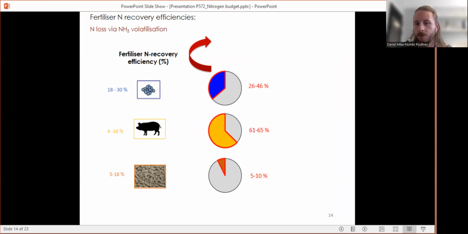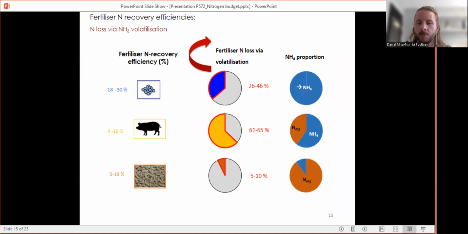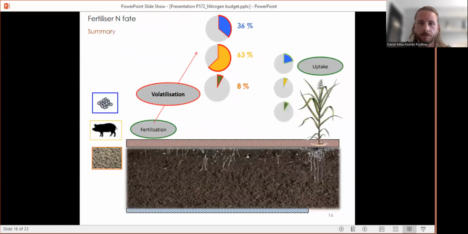However, this was far lower for sewage sludge, and this appears to be related to the level of mineral nitrogen in each of the fertilizers.